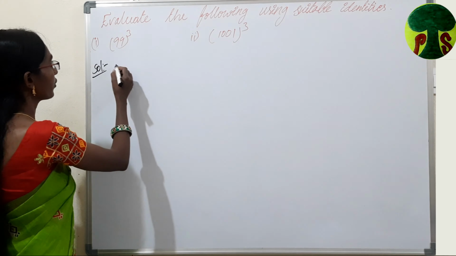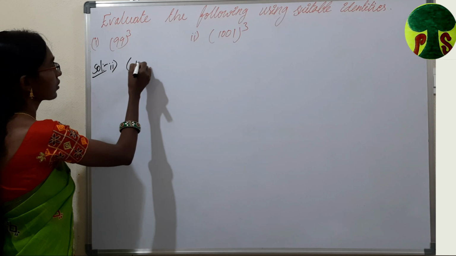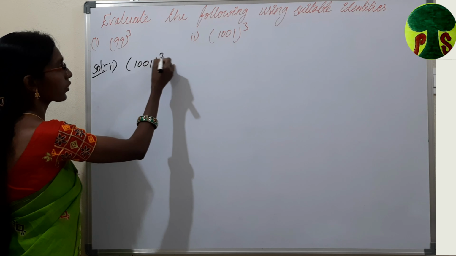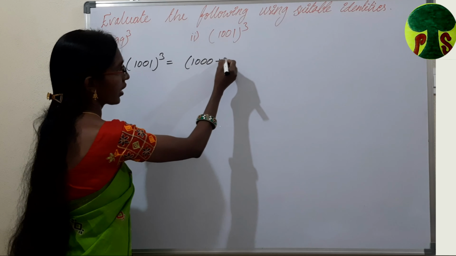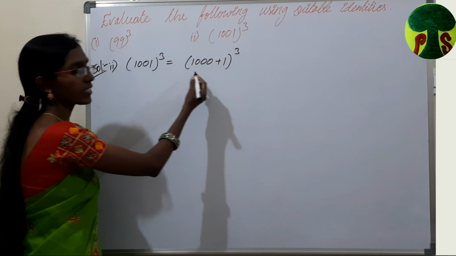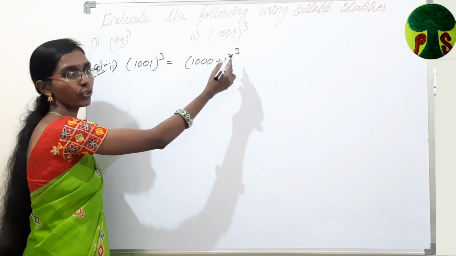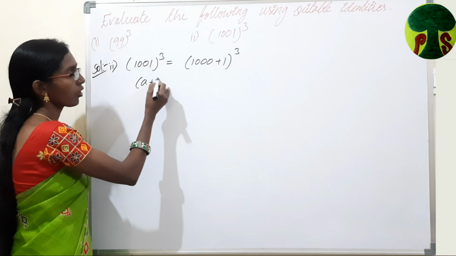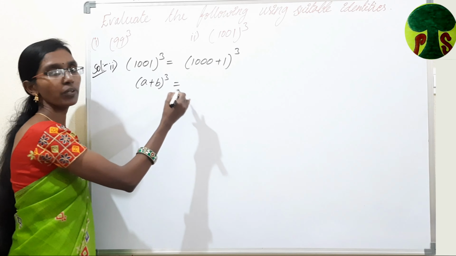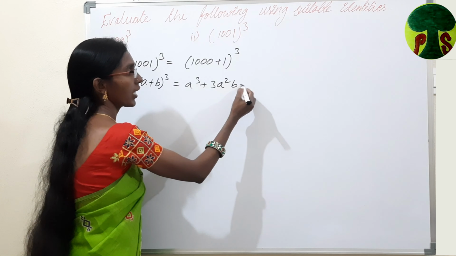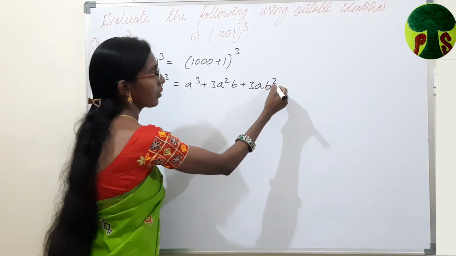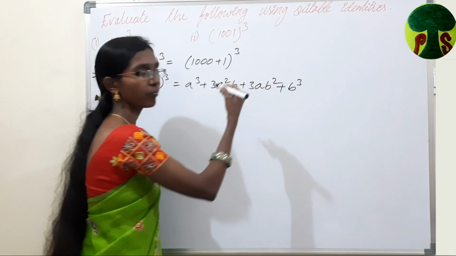Let us solve the second one. That is 1001 whole cube. We can write this as (1000 plus 1) whole cube. It is in the form of (a plus b) whole cube. (a plus b) whole cube is equal to a cube plus 3a square b plus 3ab square plus b cube.